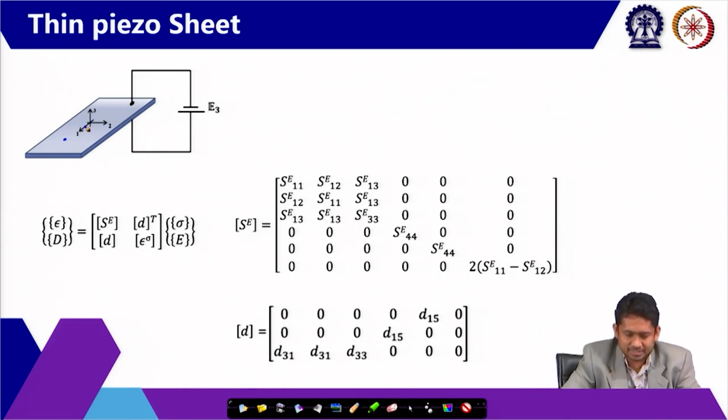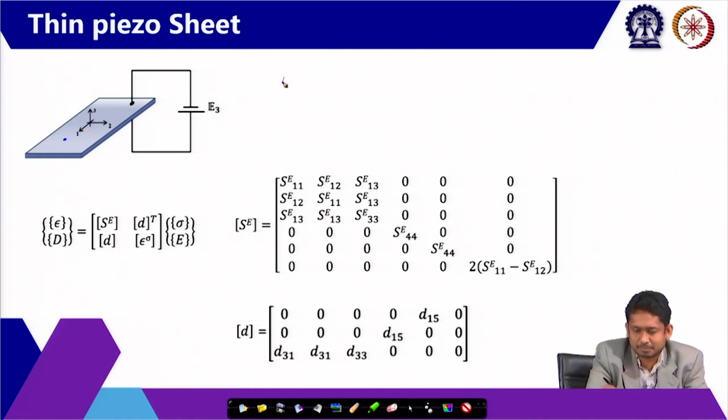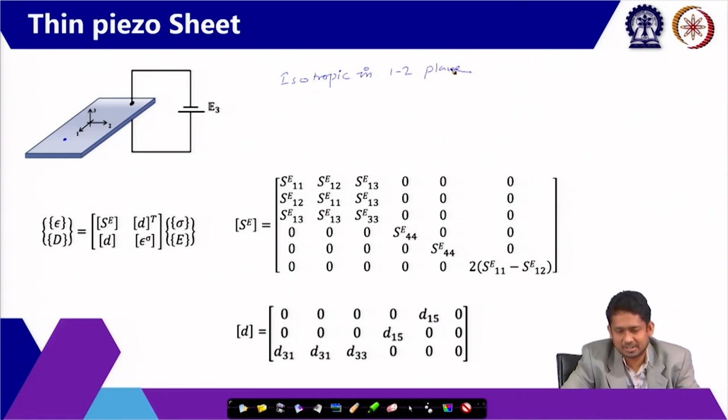Now, these sheets are generally isotropic in the one-two plane, which means the properties are the same in the one-two plane.